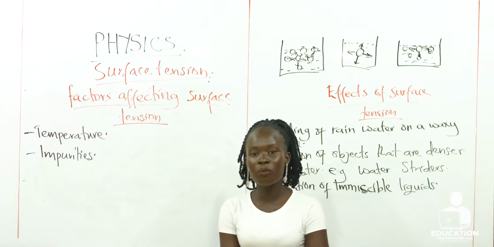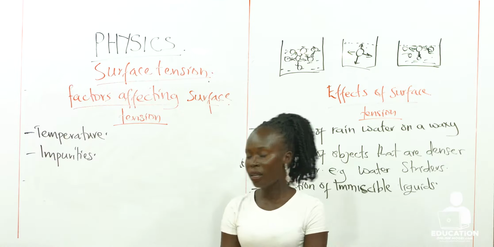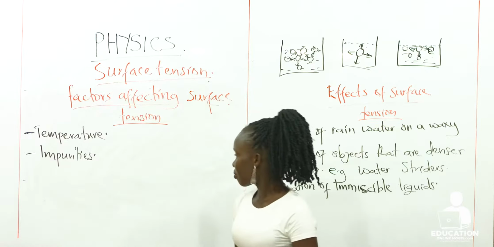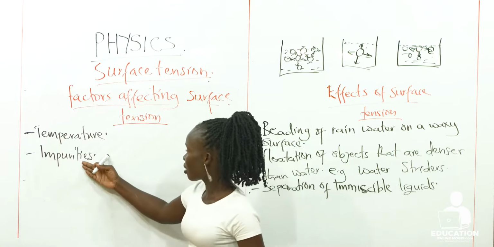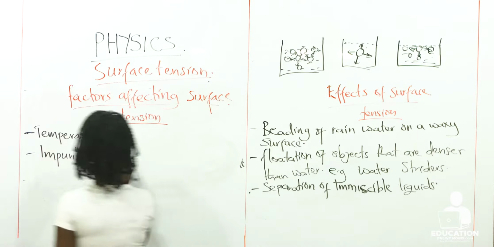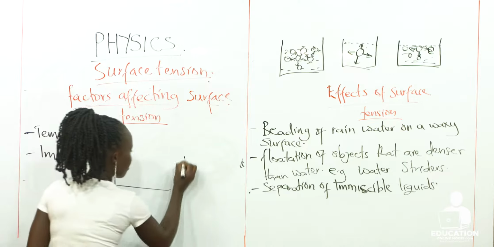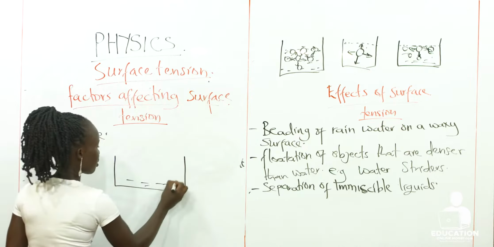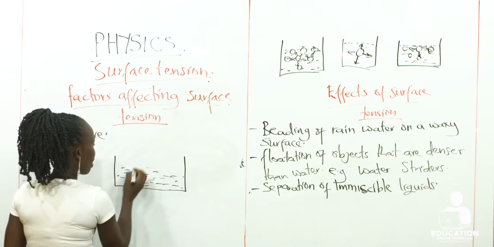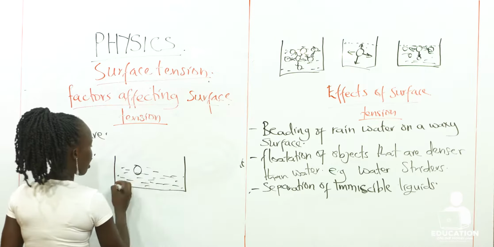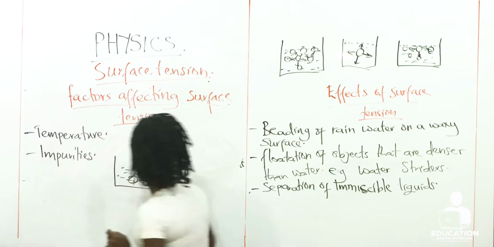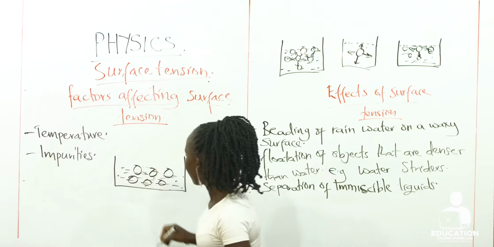So when you pour this powdered soap in liquid, what happens is that, let us assume this is our liquid in the beaker, and we are pouring this powdered soap in the liquid.